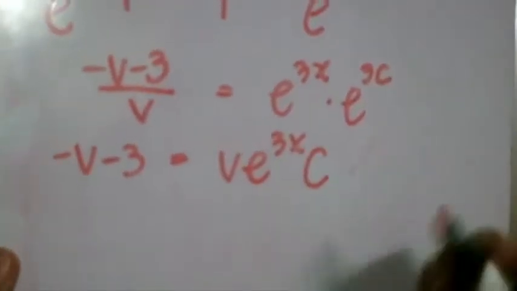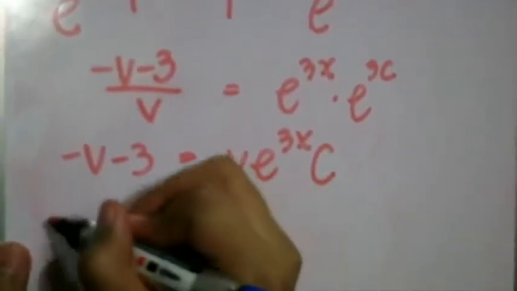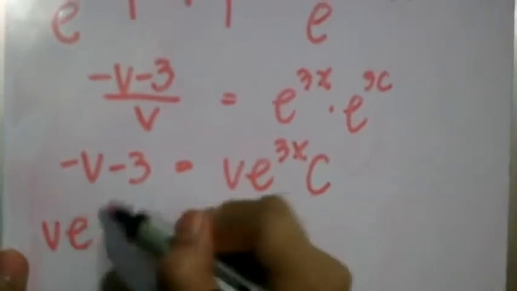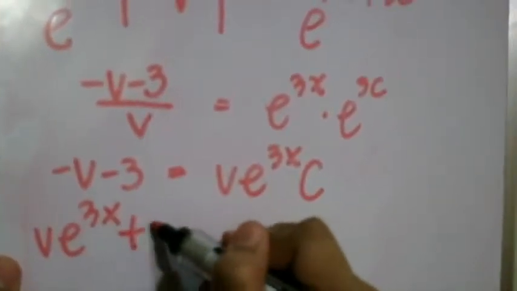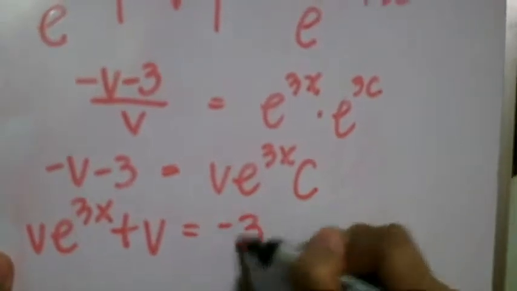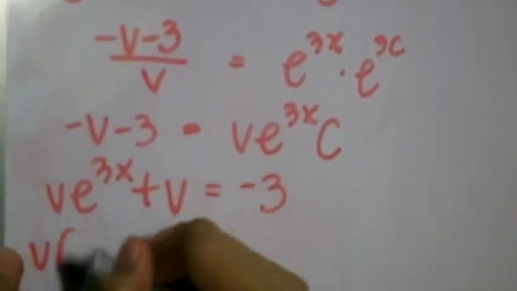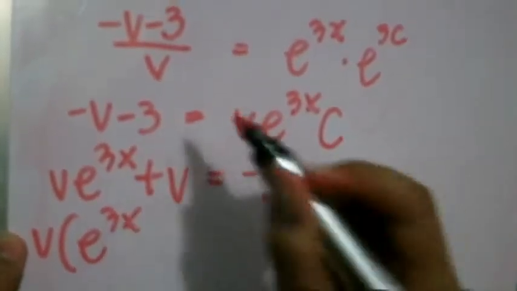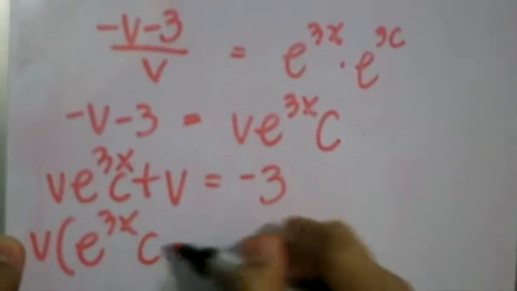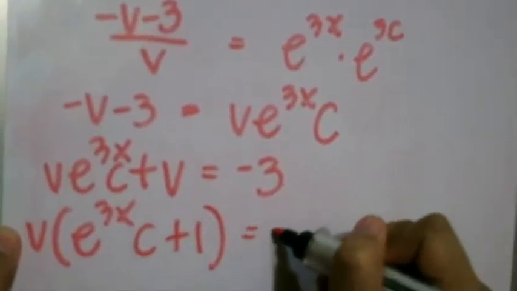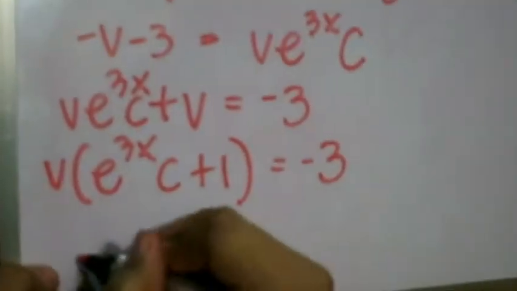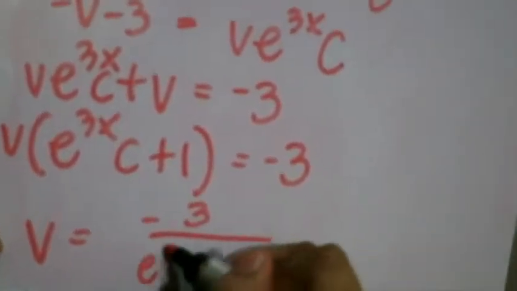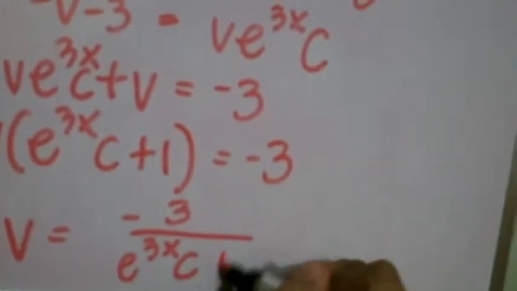So, combining like terms, we have v times e to the 3x c plus v is equals to negative 3, and factoring out v, v times e to the 3x c plus 1 is equals to negative 3, and we have v is equals to negative 3 over e to the 3x c plus 1.